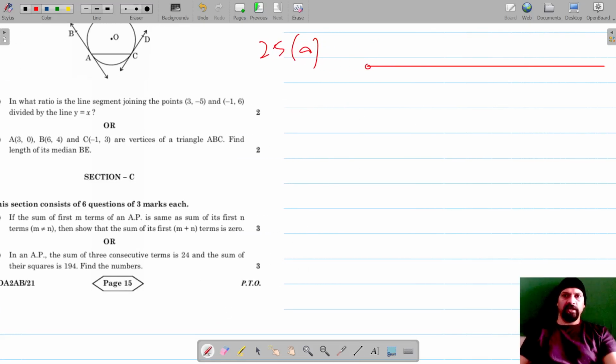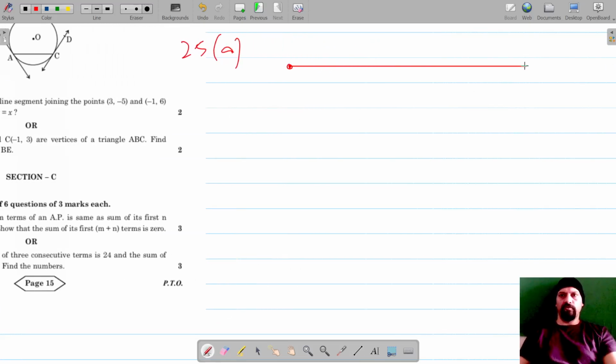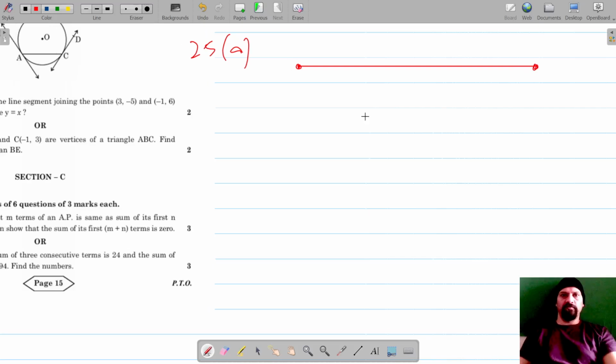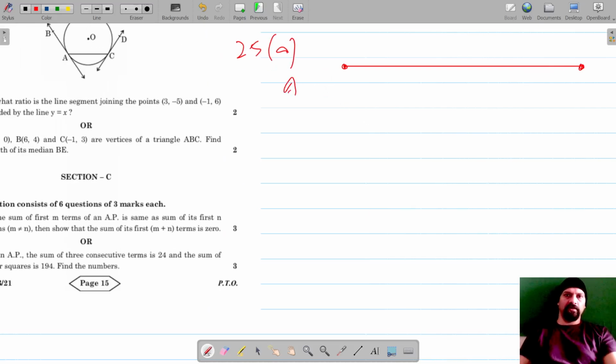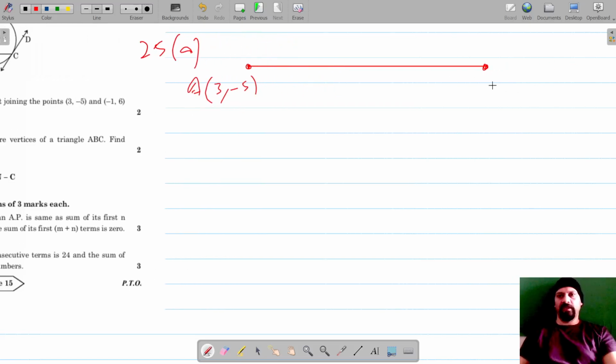So let this be a line that joins the 2 points, and let these points be A, 3 comma minus 5, and this be B, minus 1 comma 6. And let P be the point that divides this line in the ratio k is to 1.